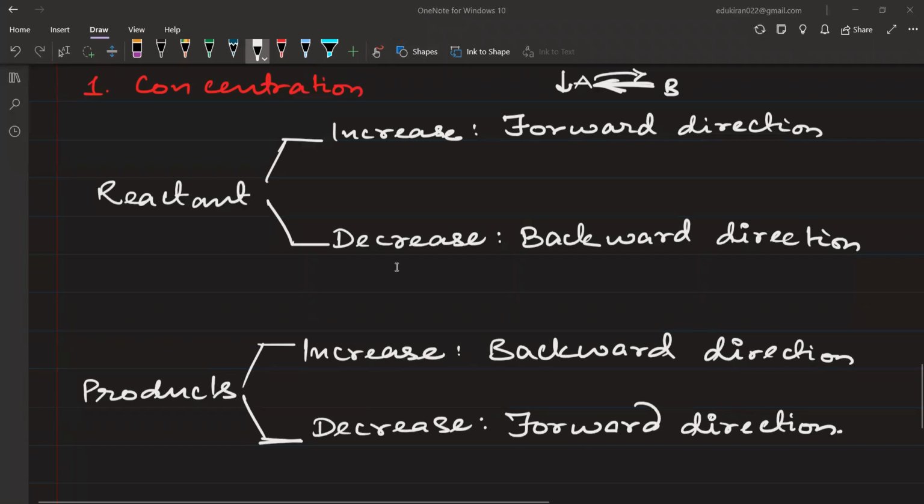Please let me know if you have not got this point about reactant and product increase or decrease करने से क्यों change आ रहा है. Okay, and write this down. Done everyone?